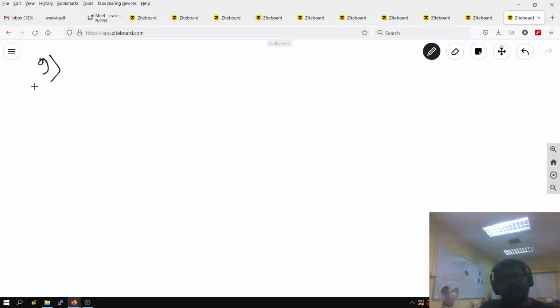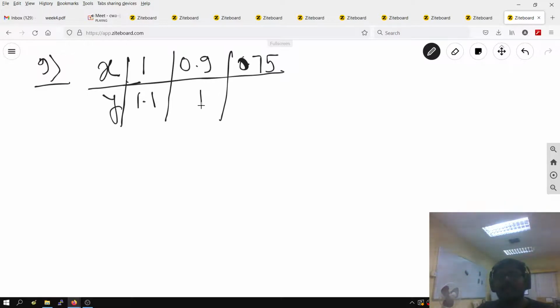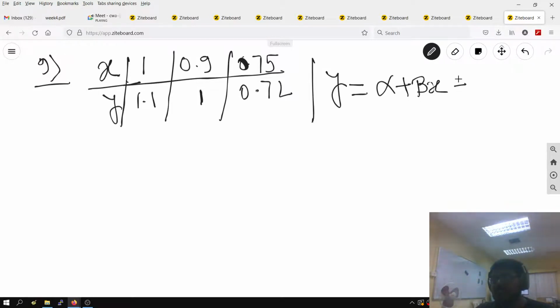This is question number 9. X and Y values are given. The first value x equal to 1, second value is 0.9, and third value is 0.75. The corresponding y values are 1.1, 1 and 0.72. And what is the relation given? The relation is y is equal to alpha plus beta x plus w. So w is the noise term here.